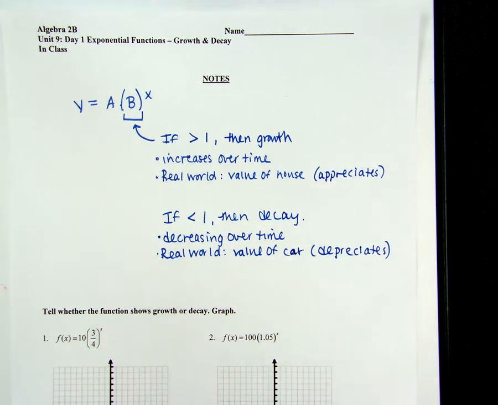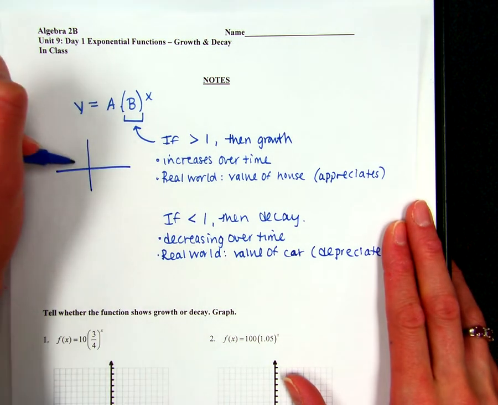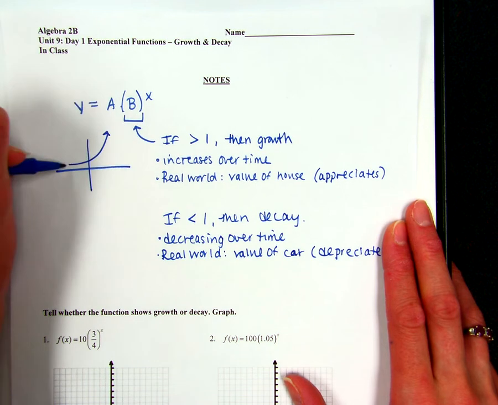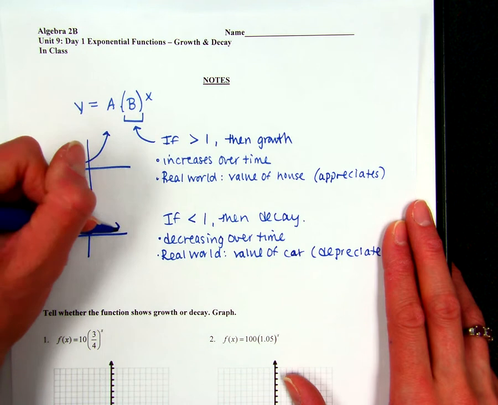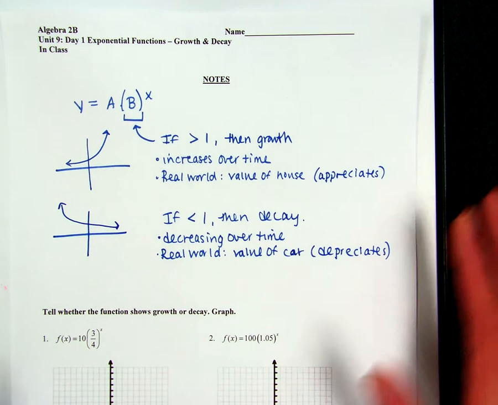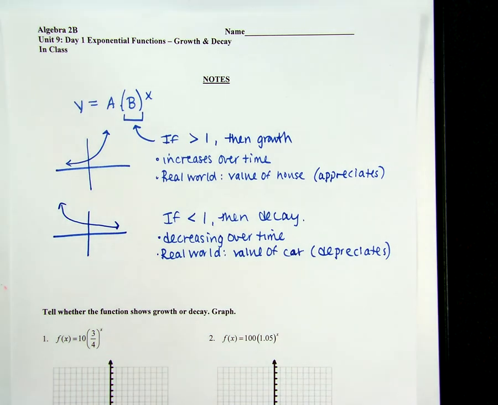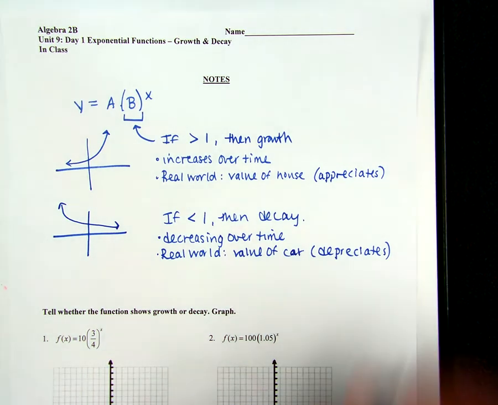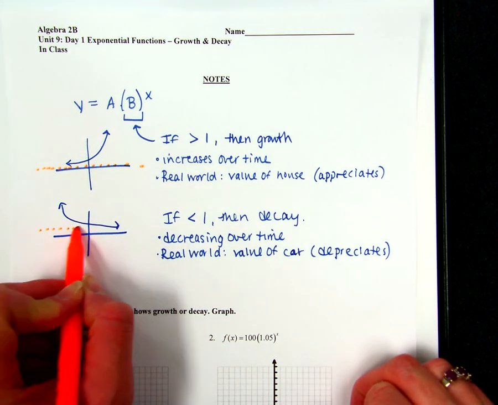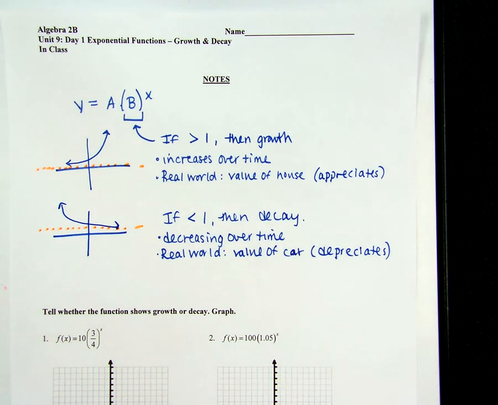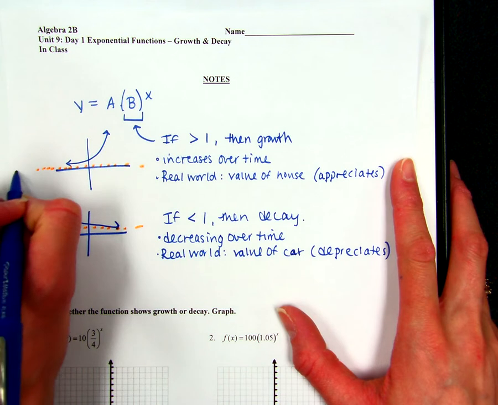All right, the other thing is, these are going to be graphs. On graphs, it's going to look something like increasing over time. Here you're going to see it decreasing, or going downward, over time. Now, there's a line that it approaches called your asymptote. The asymptote is basically an imaginary line that your graph gets closer and closer to without ever touching.